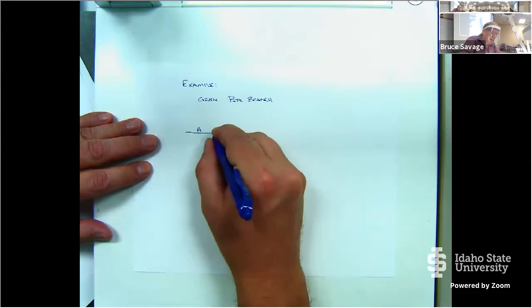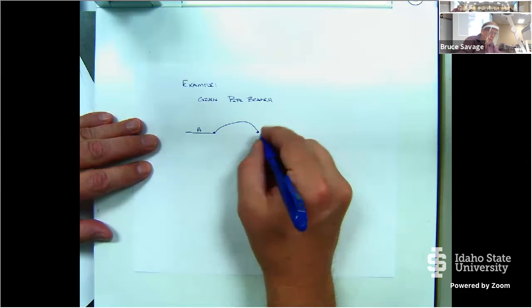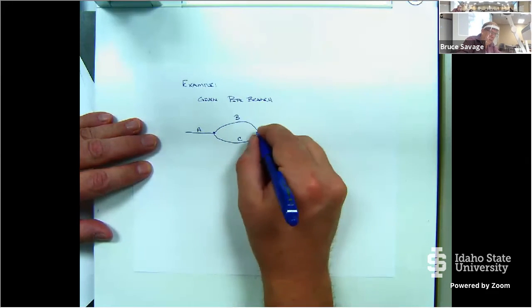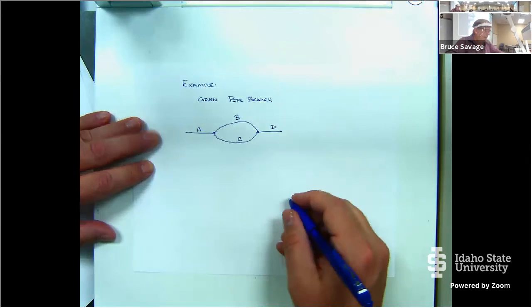Same thing, A branches around to D, and in the middle here we have B and C, okay?